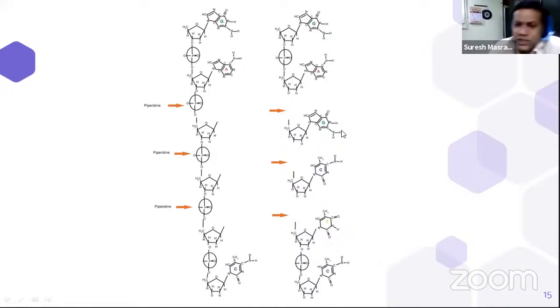Now, what is the significance of this depurination and depyrimidination? Once the purine or pyrimidine gets separated from the DNA strand, then piperidine manages to cut the phosphodiester bond. Thus, this cutting of the phosphodiester bond by piperidine cuts the single-stranded DNA into two fragments.